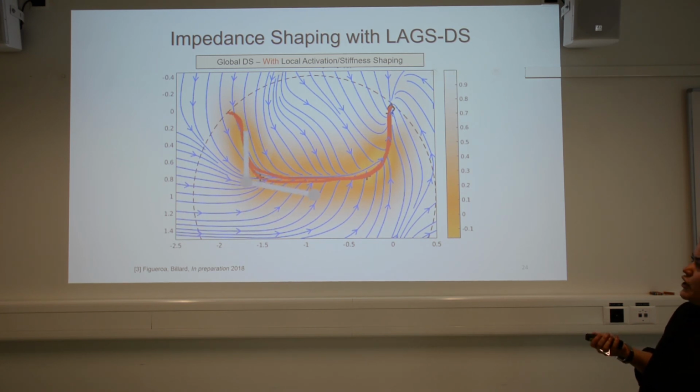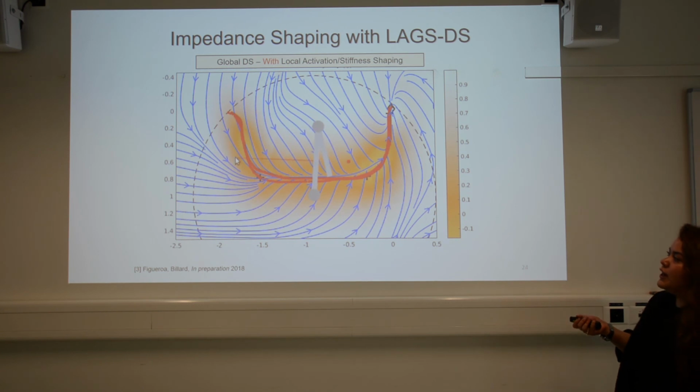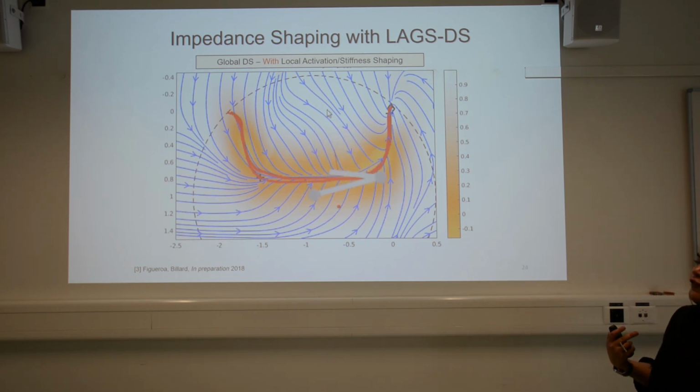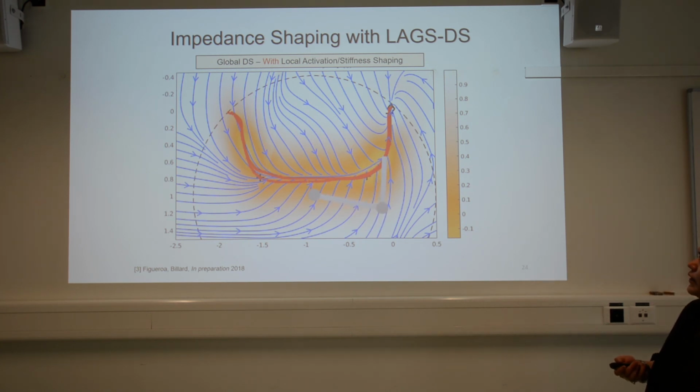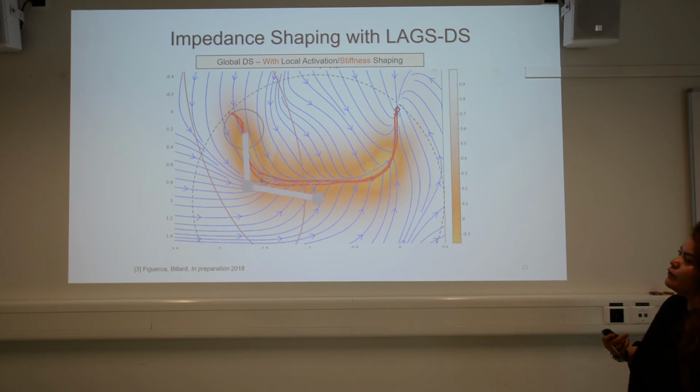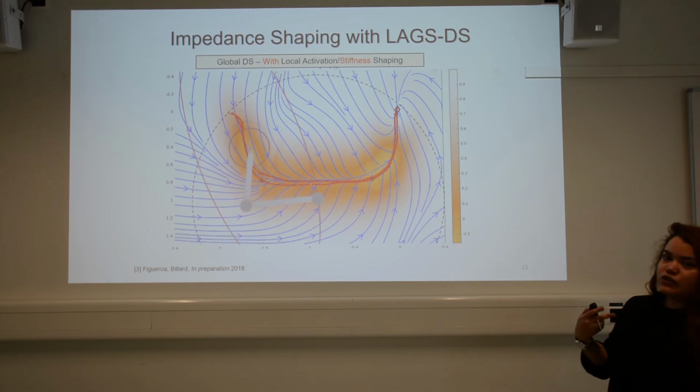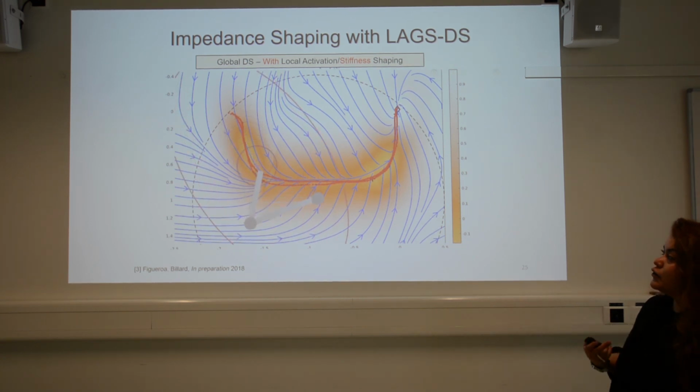We started the simulation, the robot is following the trajectory, and once we arrive in this region, which was locally activated, if we have some perturbations in the orthogonal directions of the reference trajectory, the robot comes back to the reference trajectory, which is basically the behavior that we want, this spring-like behavior around the reference trajectory.